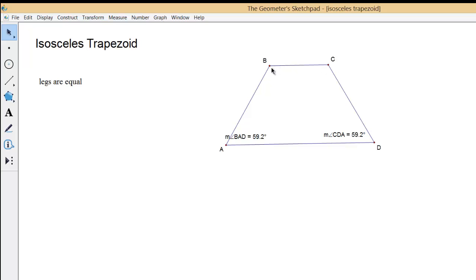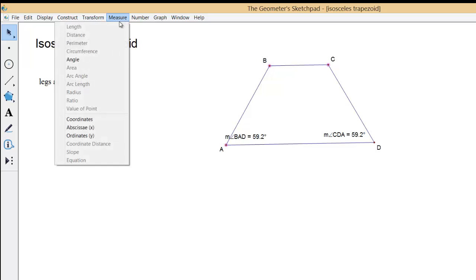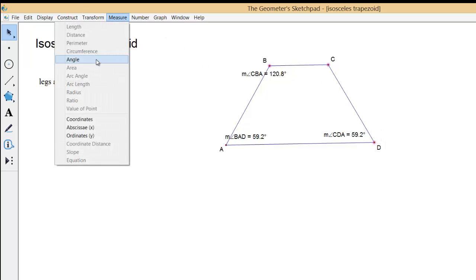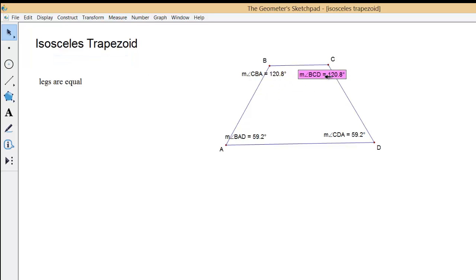Now let's measure the angles up here also, angle CBA. That one's 120.8, and then measure angle BCD. That one's also 120.8.